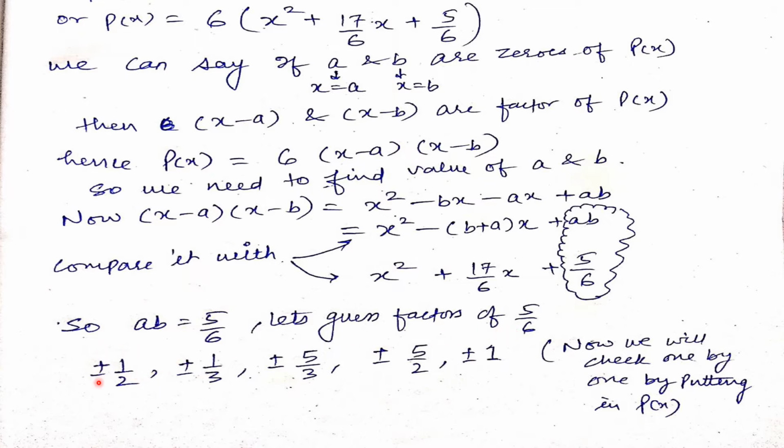That is why 1/2 is a factor. Similarly, if you take −1/2 into −5/3, again you will get 5/6. Similarly, ±1/3 is also a factor, because if you multiply with 5/2, you will get 5/6. In the same case, 5/3 is also a factor. ±5/2 is also a factor, and ±1 is also a factor of 5/6.